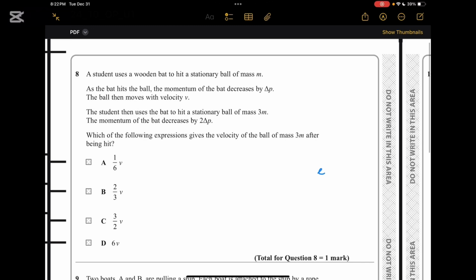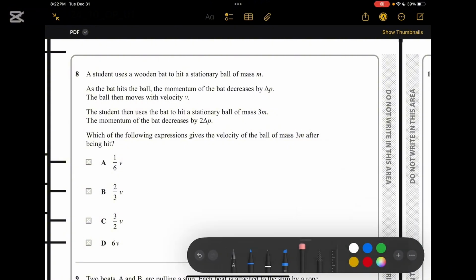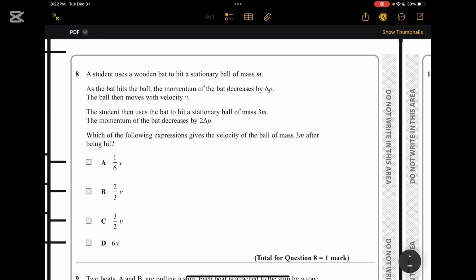What they have put here is: a student used a wooden bat to hit a stationary ball of mass m. As it is stationary, that means the initial velocity is 0. As the bat hits the ball, the momentum of the bat decreases by del p.